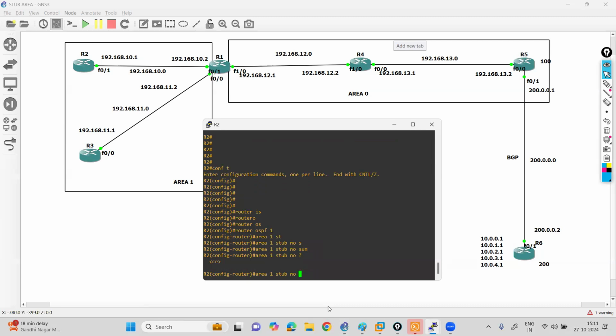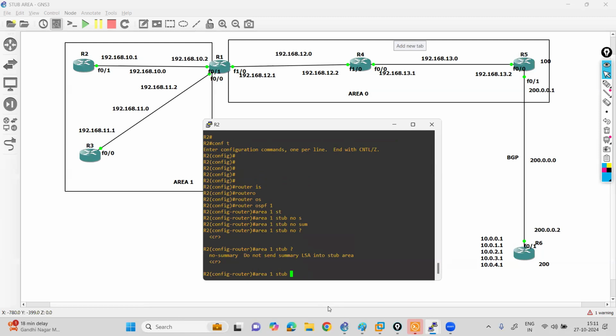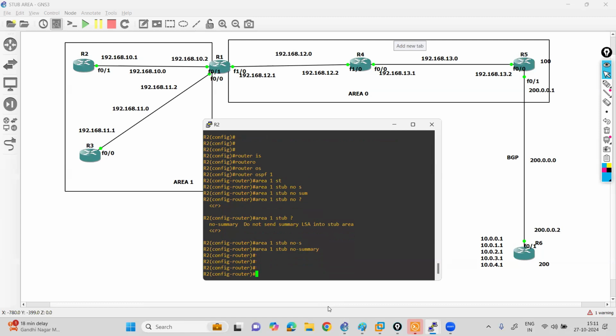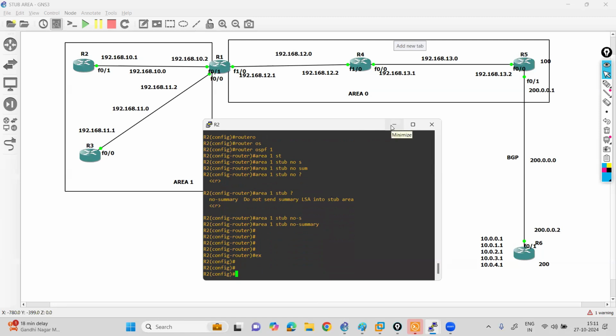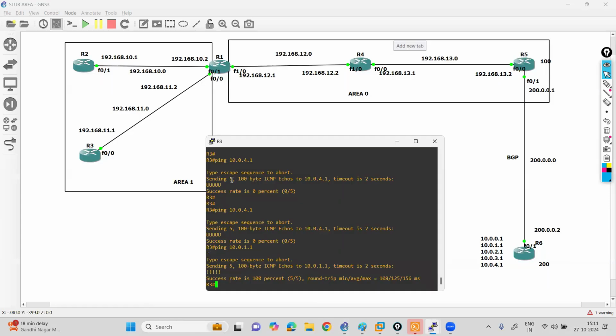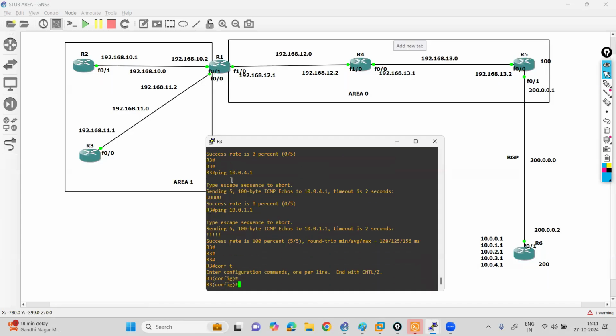Stub, no summary. This command is used to configure the totally stubby area. Let's go to router number 3 and configure the same.